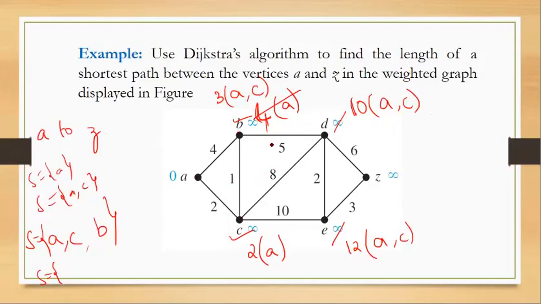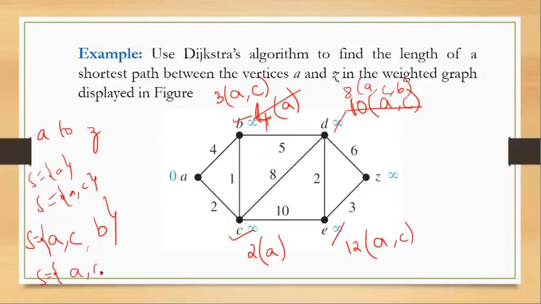Now from B, to which other vertices can we travel? We can travel to D. A and C are already in our set, so we don't have to travel to those. So to D, what will be the distance? 2 plus 1 is 3, 3 plus 5 will be 8. It is less than the one which we have here. So instead of this 10, I can have A, C, B. Now, any other vertex that we can travel to from B? No, it is not possible.